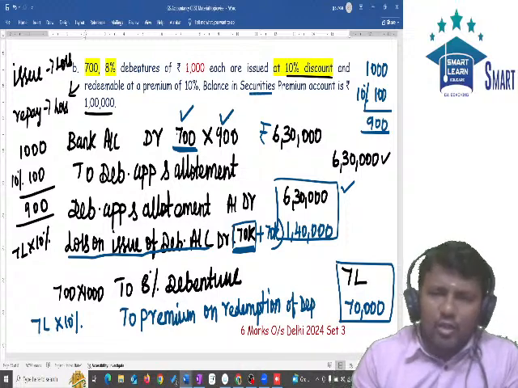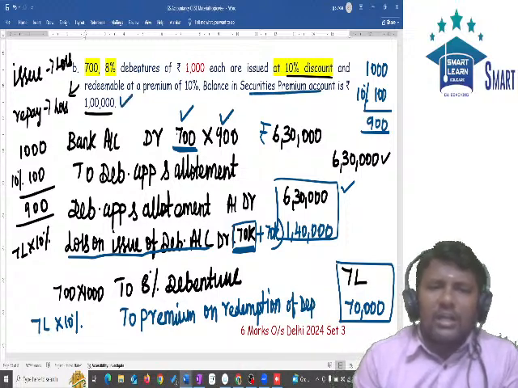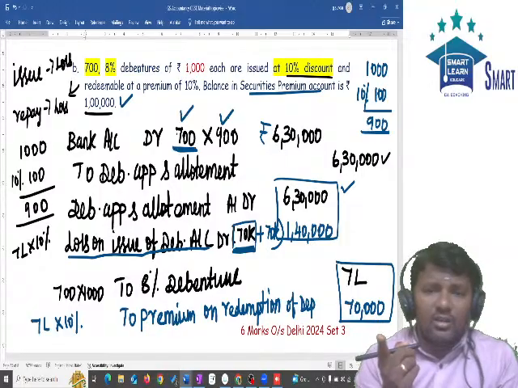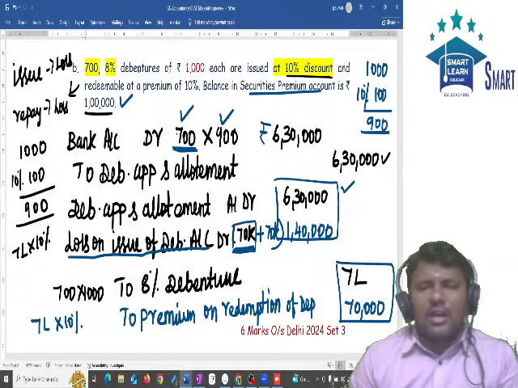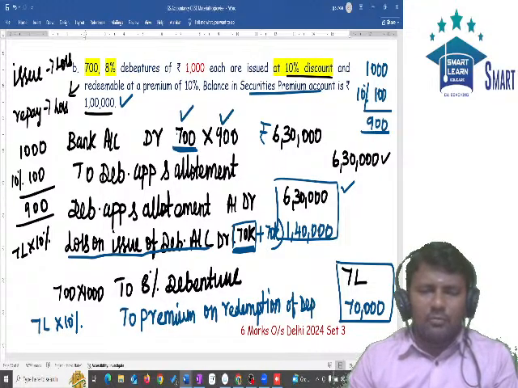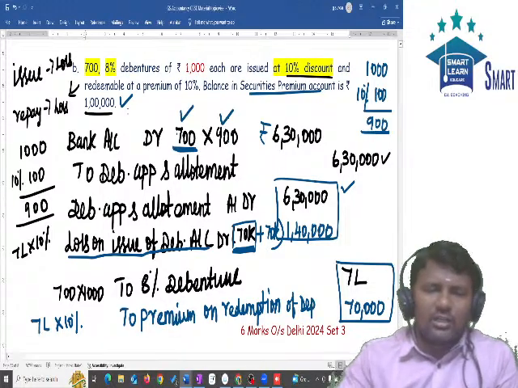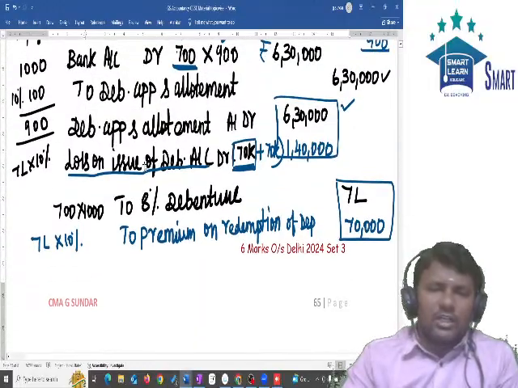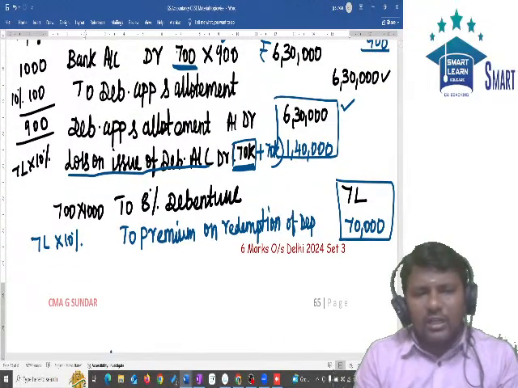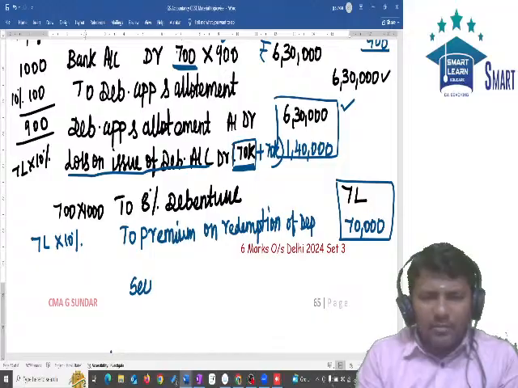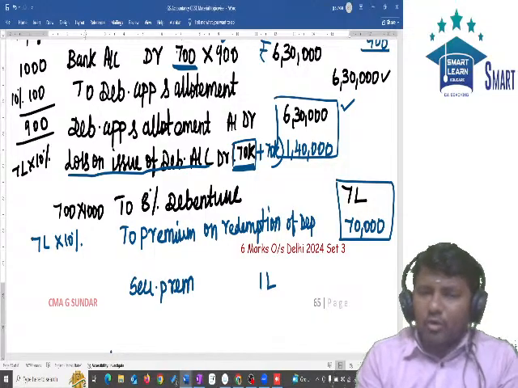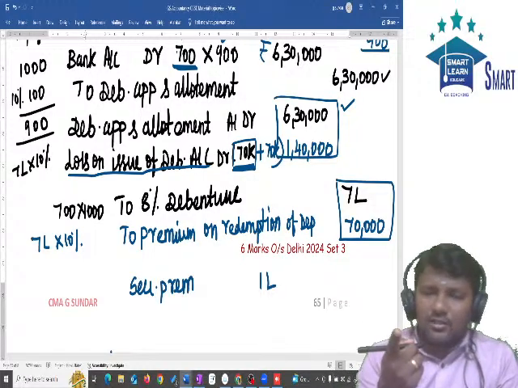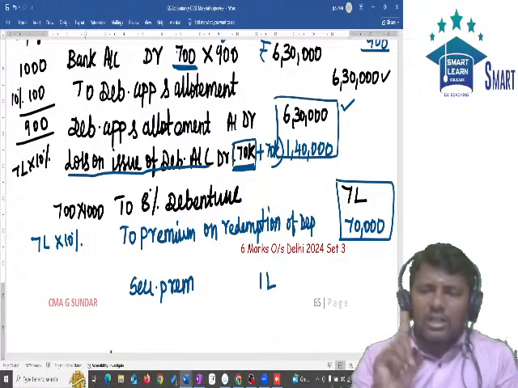Also, we have securities premium to the extent of only 1 lakh. Loss is 1 lakh 40 thousand, and securities premium is there only for 1 lakh.